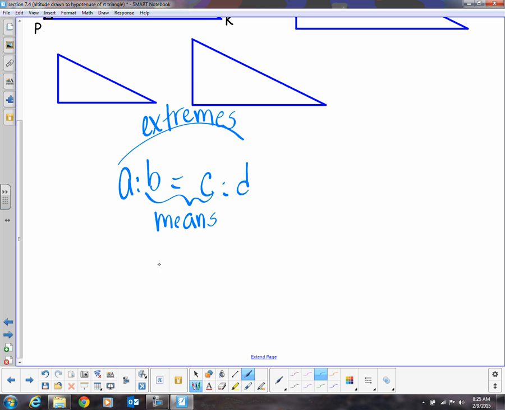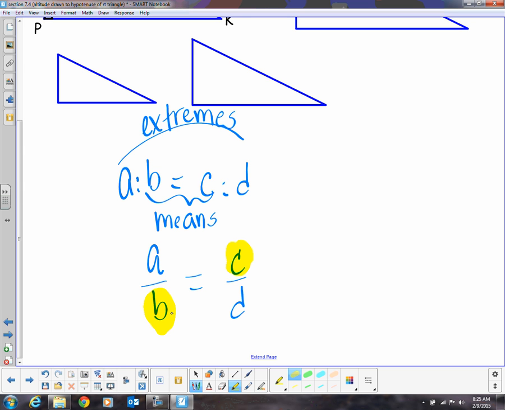Now, when we set this up in fraction form, where were the means? B, C. That's the mean position. So when that theorem talks about the geometric mean, the altitude occupies these two places, the large leg occupies these two places. Are you with me?